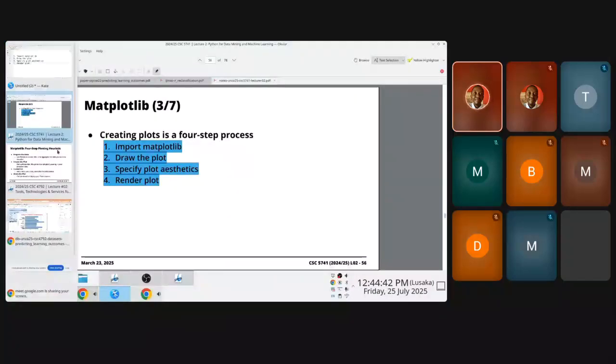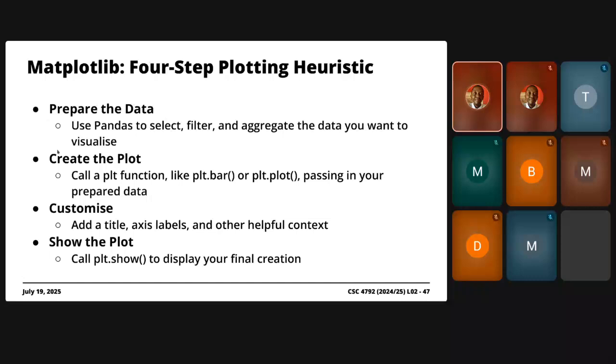Anyhow, our first step in CSC 4792 is, obviously, to prepare the data first. And we know how to prepare the data using Python pandas. You do a pd.read_ whatever. If need be, you filter data. Like, I don't want to plot things that have null values for this particular variable or attribute.